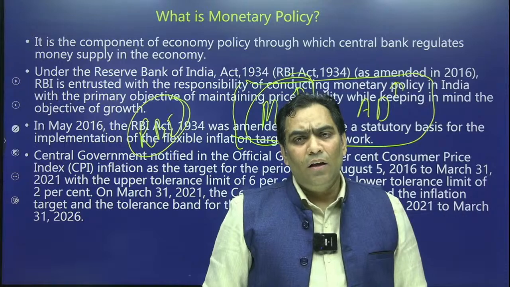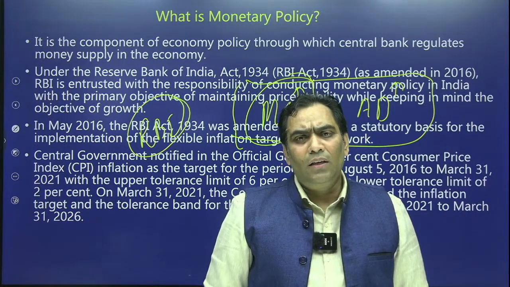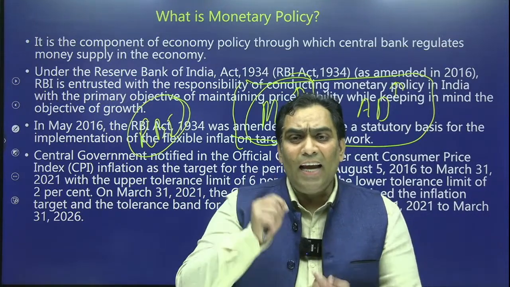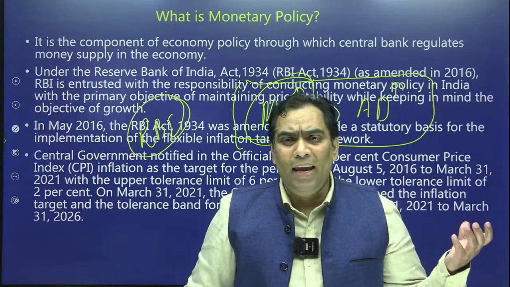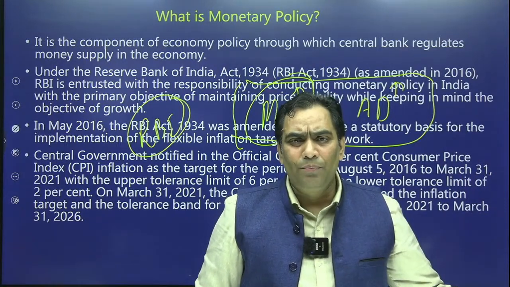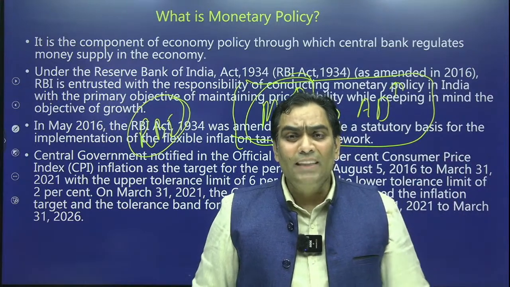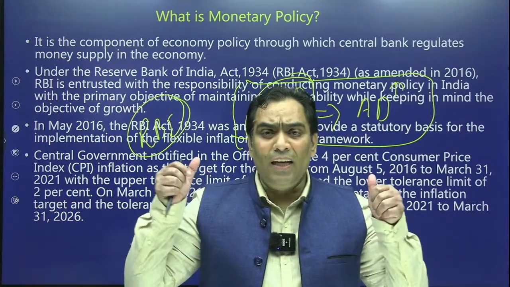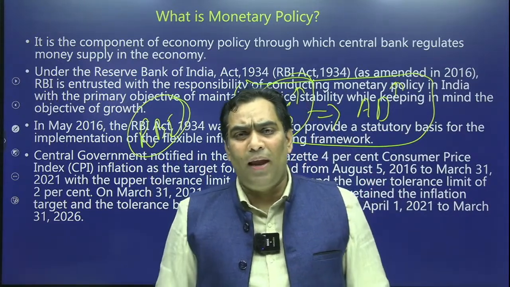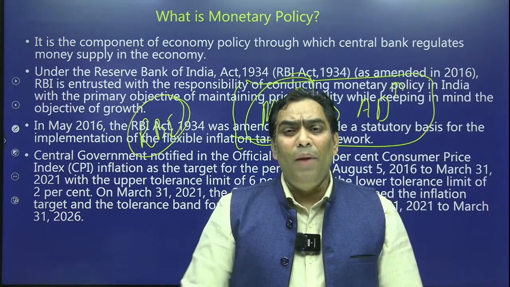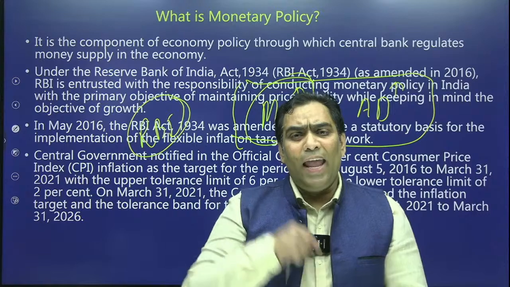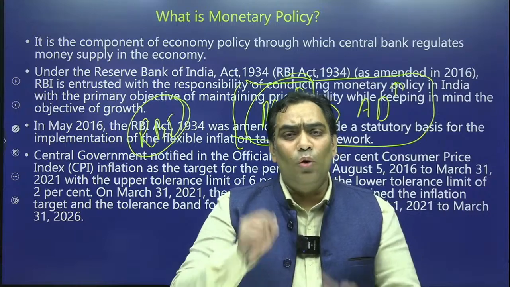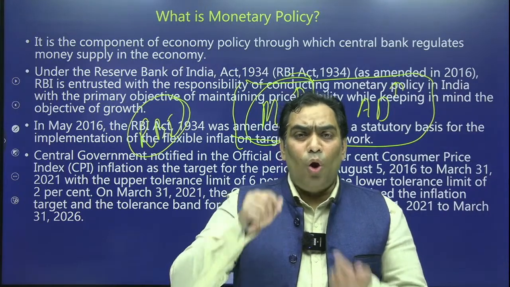As I said in the last lecture, money supply is responsible for aggregate demand in the economy, because money supply is money in the hands of the people at a particular point of time. If there is more than the required money supply in the economy, it may lead to inflation, whereas if there is scarcity of money supply, it may lead to slowdown in the economy.